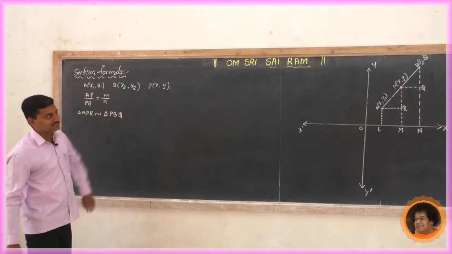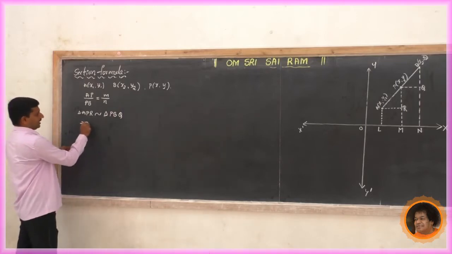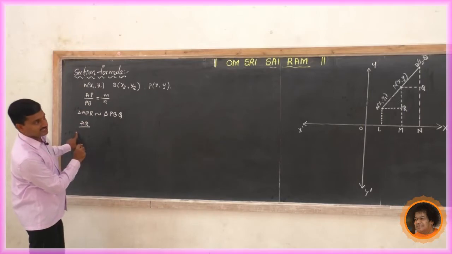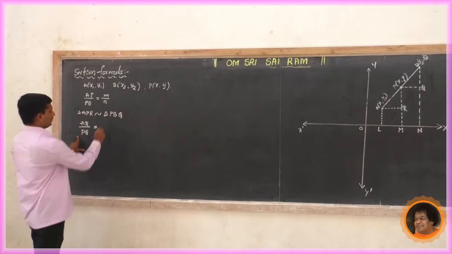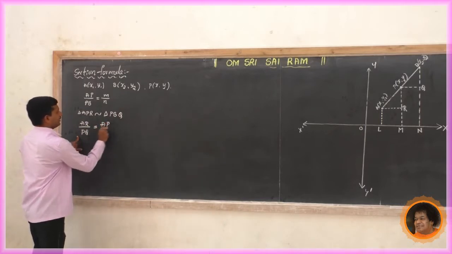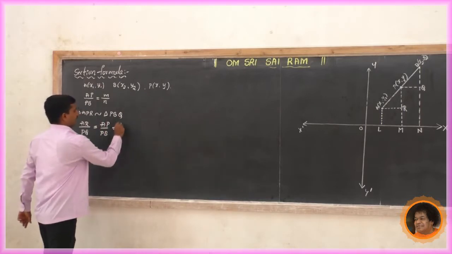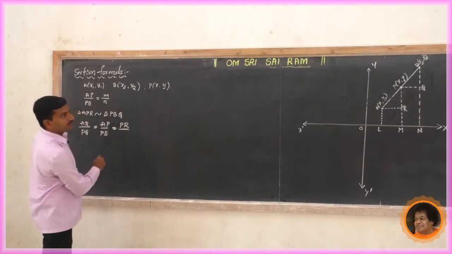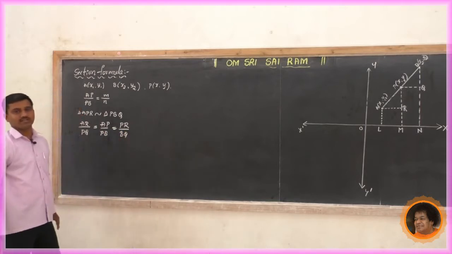So how to write the corresponding sides? AR divided by the corresponding side of AR, which is PQ. So AR divided by PQ equals AP divided by PB equals PR divided by BQ. So these are the corresponding sides.